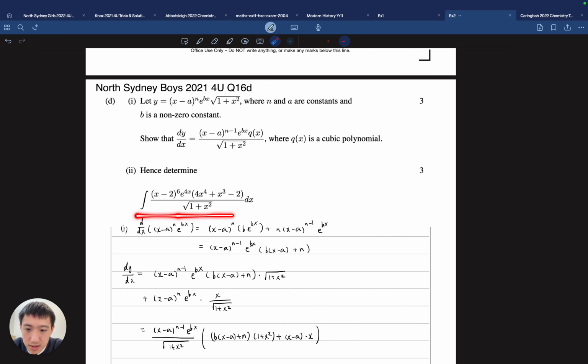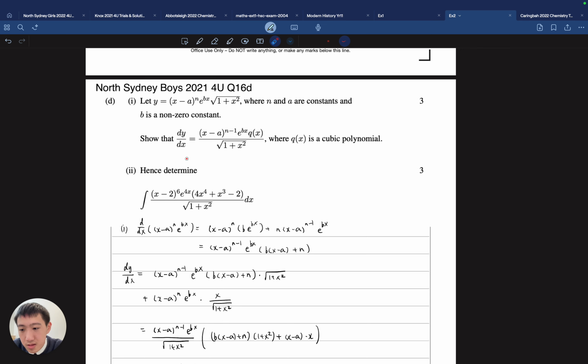Now let's look at the second question. Determine this indefinite integral. It says 'hence', and it's obvious that question 1 is used to help you do question 2. So you definitely need to plug in some values, and you know the derivative from question 1.